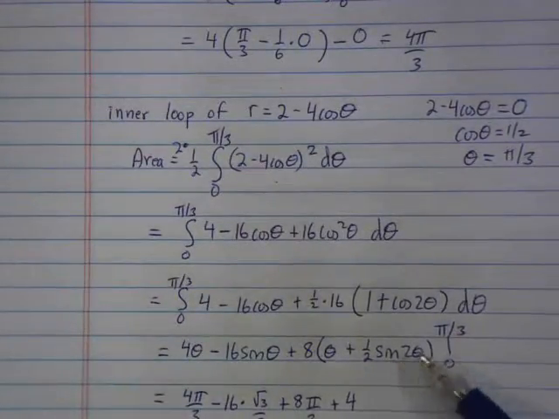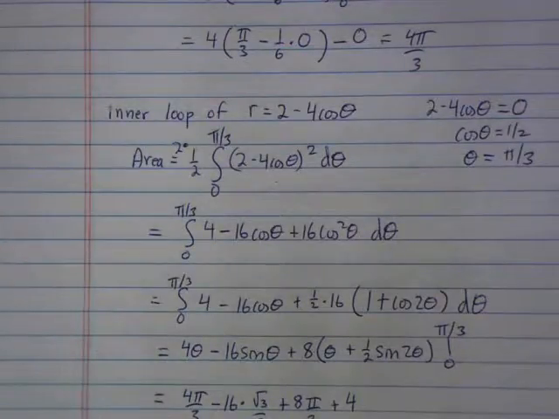I plugged in pi over 3, so I had the sine of 2 pi over 3. What's the sine of 2 pi over 3? 2 pi over 3 is in which quadrant?